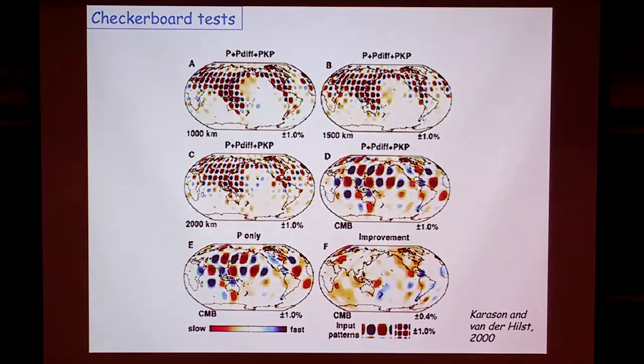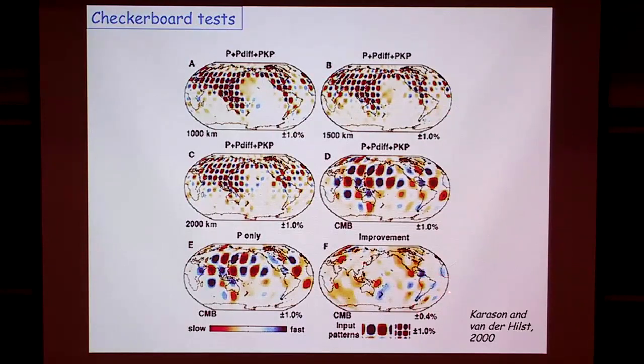The point made here is this is only using P waves, so only waves that bottom in the mantle but don't reach the core mantle boundary. This is adding some other types of waves, diffracted waves on the core mantle boundary, which allow you to sample more of the core mantle boundary, and PKP waves, which are waves that go into the core.